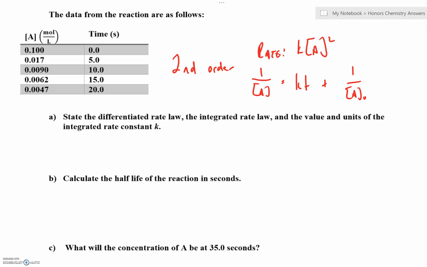We want the value in units of the rate constant K. And there's a faster way to get the value, but the units are fairly involved, unless you memorize them. I happen to know that the units for a second order reaction are always liters over mole second.